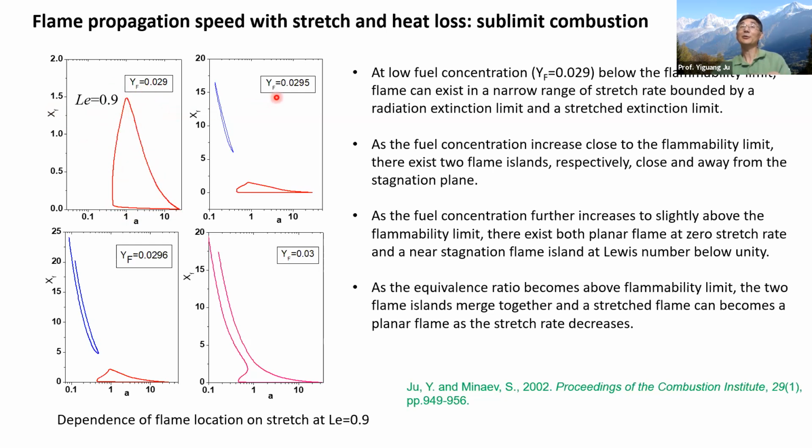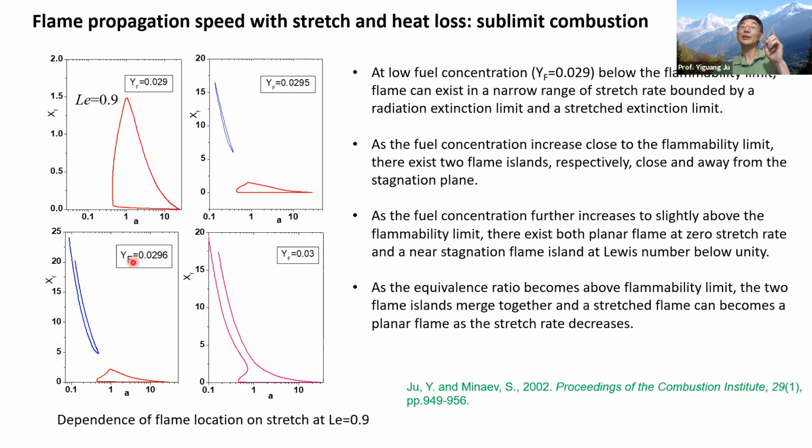If you increase the fuel mole fraction, then it's interesting. You can see that you have this kind of stretch extinction and radiation extinction. There's a flame island, and at a very low strain rate, you have another region where a flame can survive.